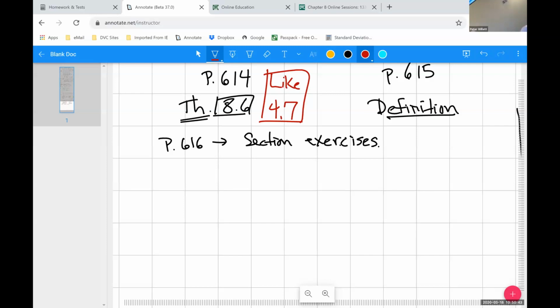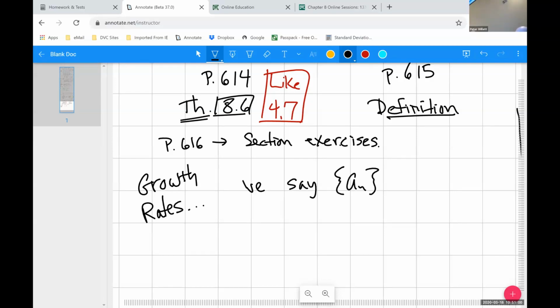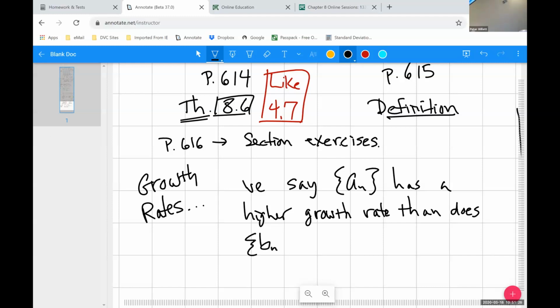So we say A sub n has a higher growth rate, or faster growth rate, or however you want to refer to it, than B sub n if the limit as n tends to infinity of A sub n over B sub n is infinite.